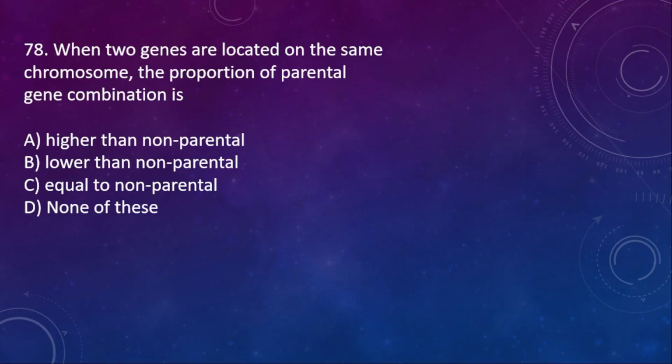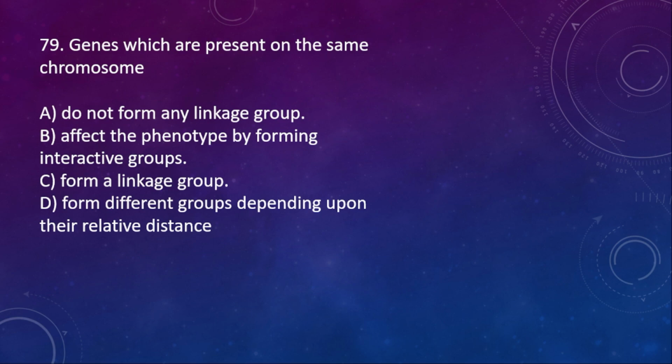Next, 78. When two genes are located on the same chromosome, the proportion of parental gene combination is higher than non-parental, lower than non-parental, equal to non-parental, and then D, none of these. Here the right option is option A. 79. Genes which are present on the same chromosome: A, do not form any linkage group.